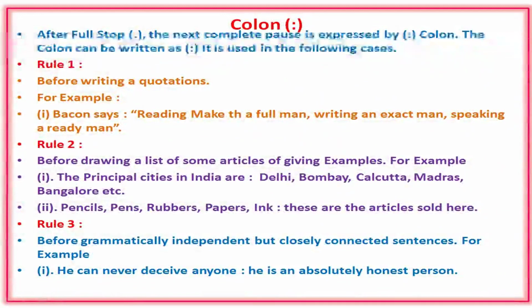So let me use colon here. Rule number 3. Before a grammatically independent but closely connected sentence, at that time we can use the colon. For example, he can never deceive anyone: he is an absolutely honest person.